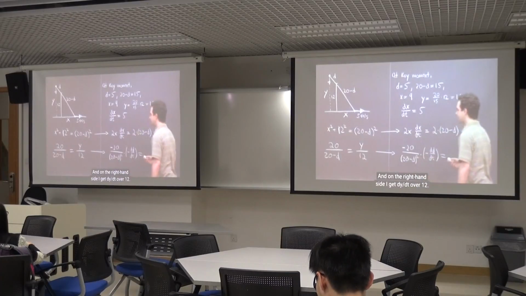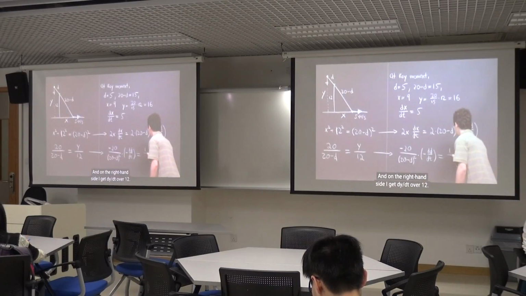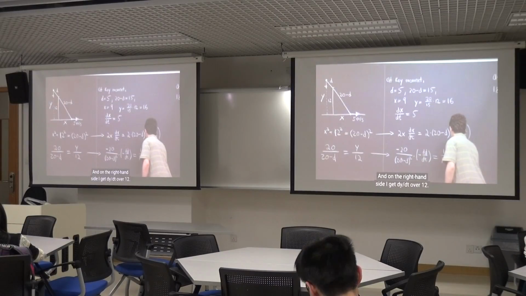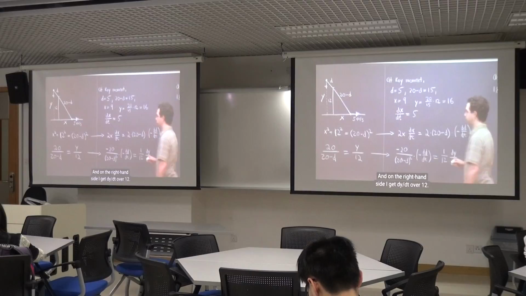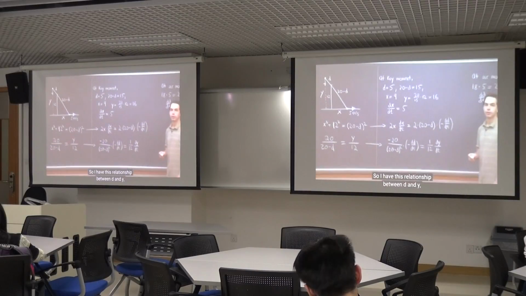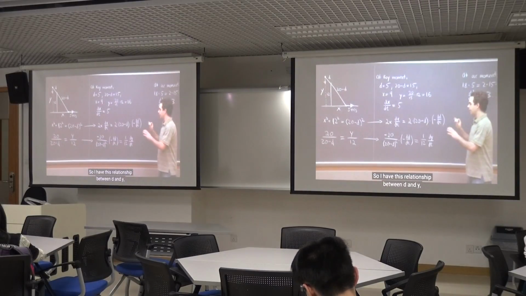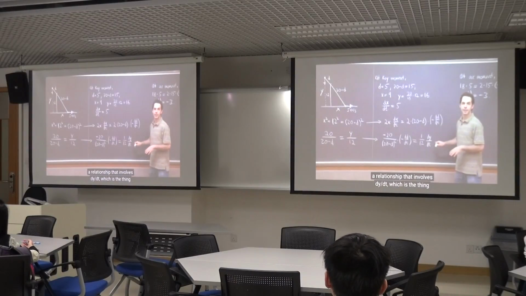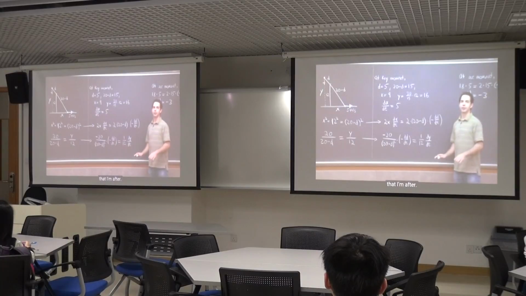And on the right-hand side, I get dy/dt over 12. So I have this relationship between d and y. I take its derivative, and now I have a relationship that involves dy/dt, which is the thing that I'm after.